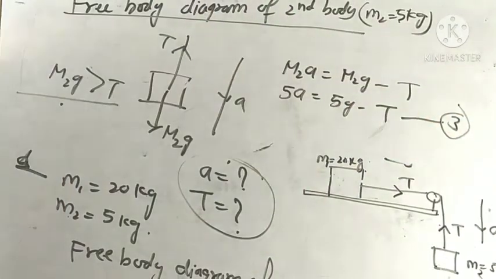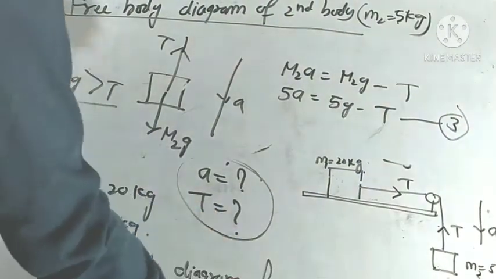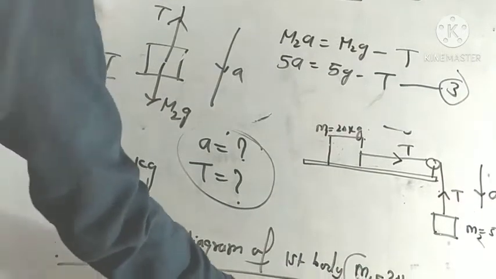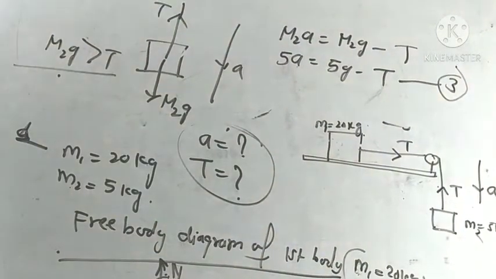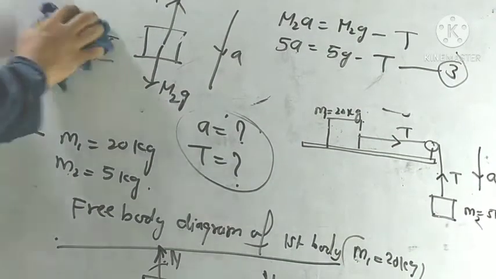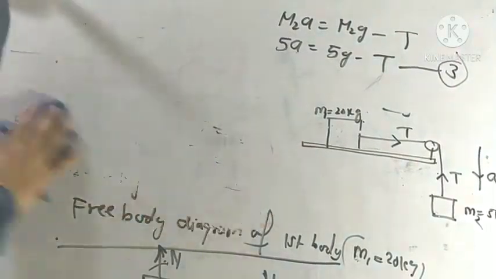Now we have three equations, 1, 2, 3, but we use only equation number 2 and 3 to find the value of acceleration and tension T in the string. So firstly we write these equations here.